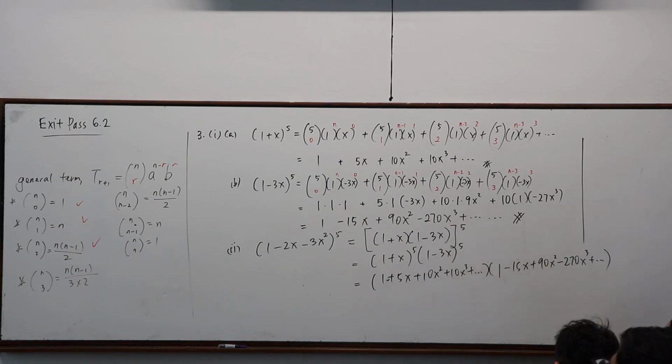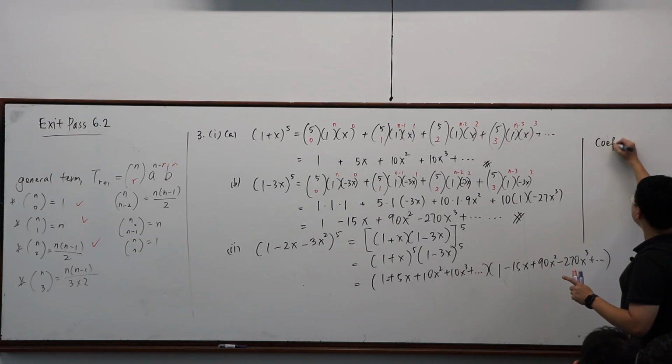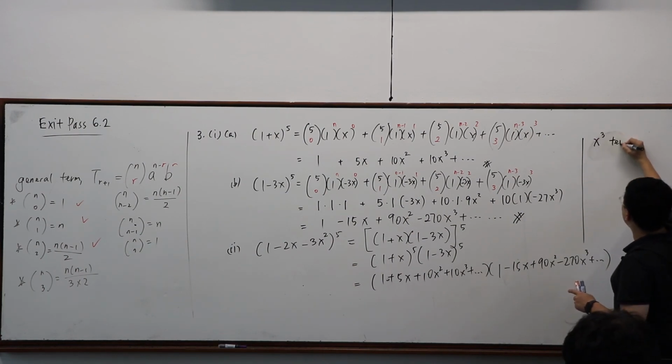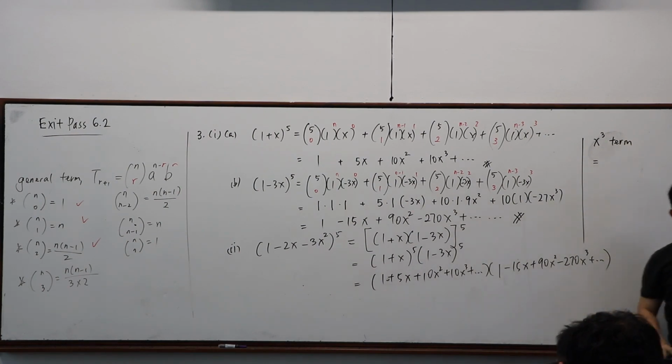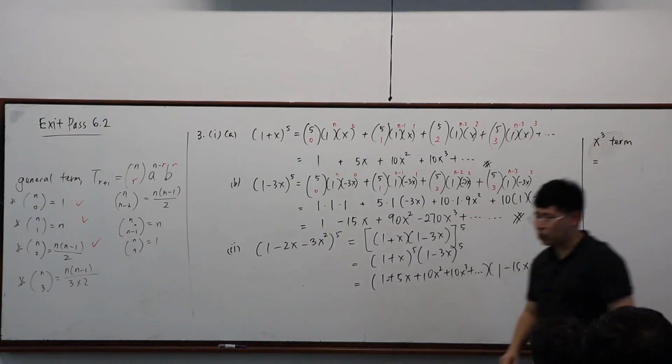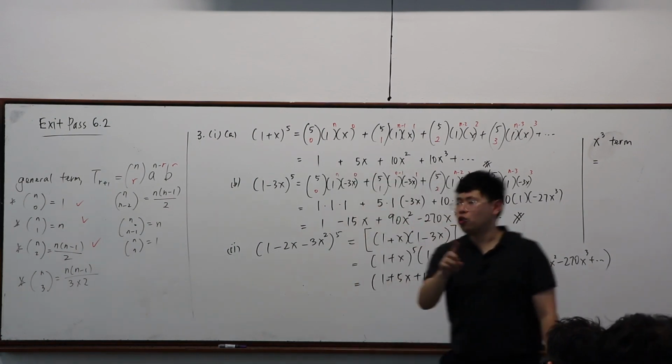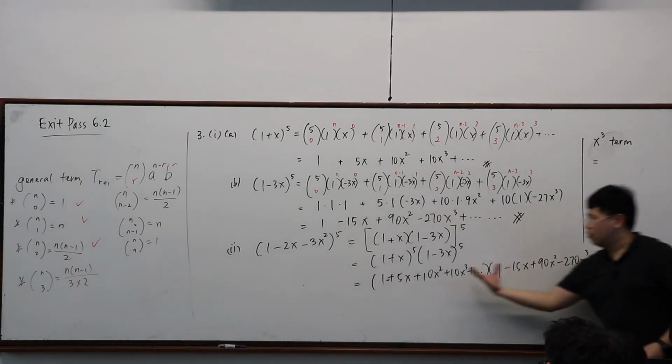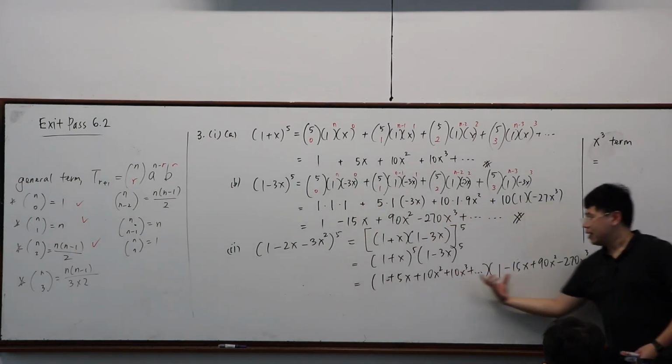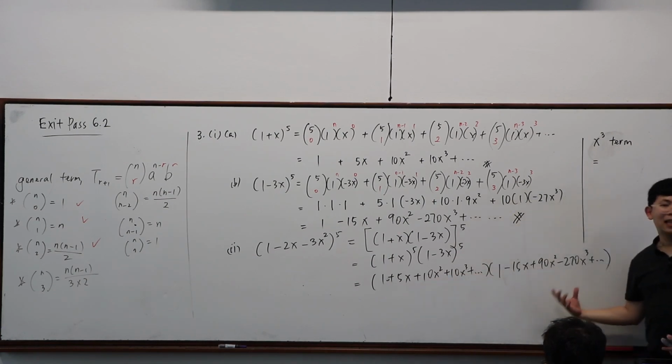Okay, so what are we looking for? We are looking for the coefficient of x cubed, correct? So we are looking for the x cubed term. So how do we get the x cubed term? When we expand, it is the first bracket multiplied by the second bracket, like a quadratic equation.